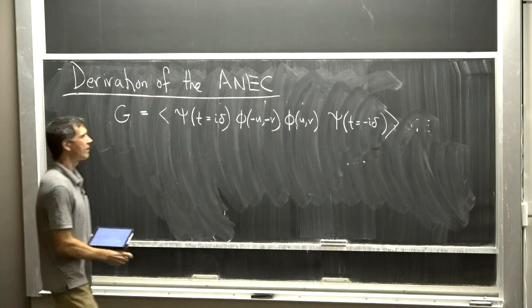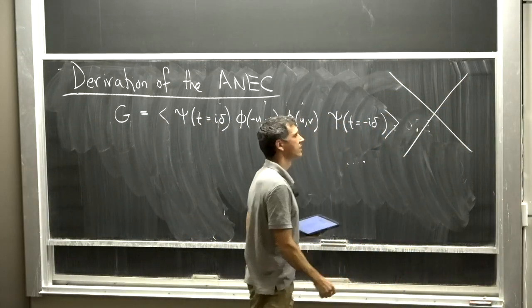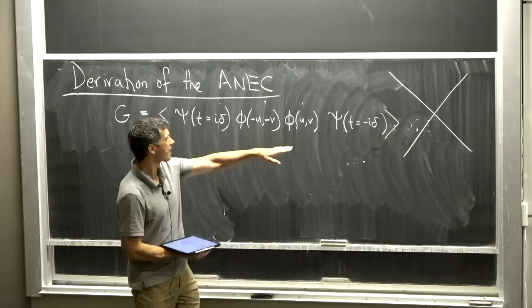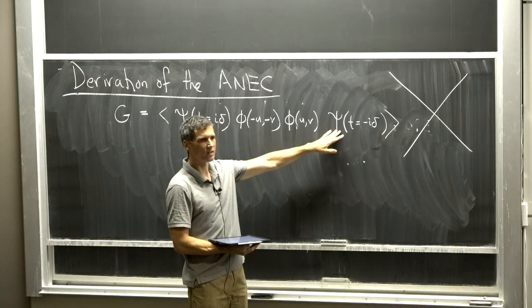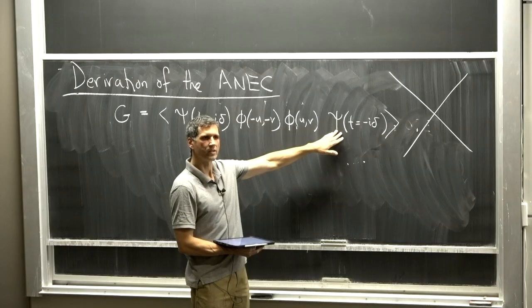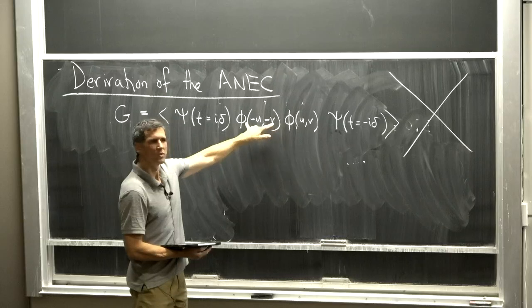So let's draw a picture. The way to think about this is that we're using the psi operator to create a state, just like we did in our Hartman type calculation earlier, and then we're probing that state with some operator phi.